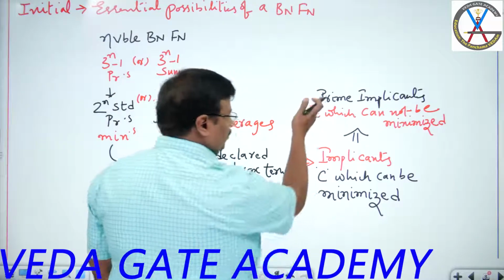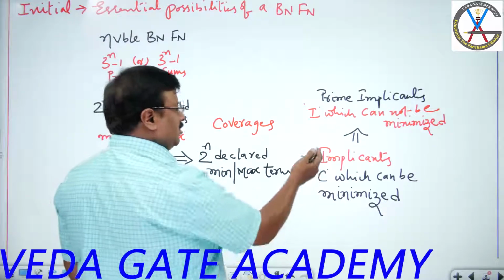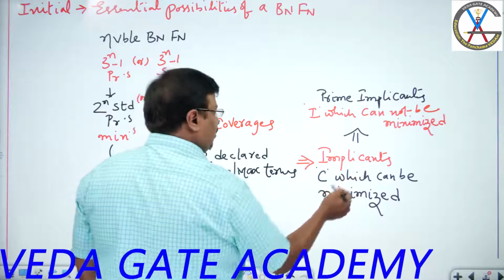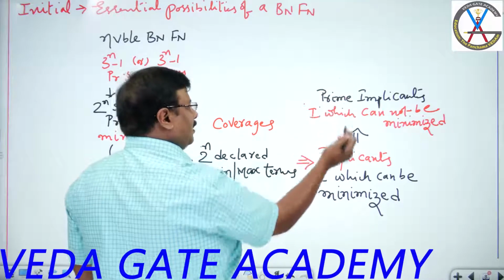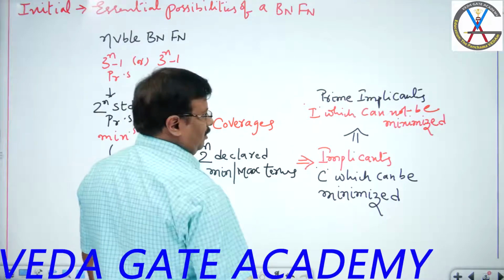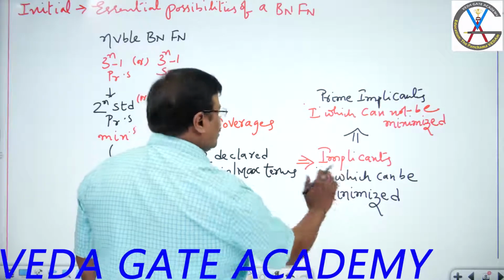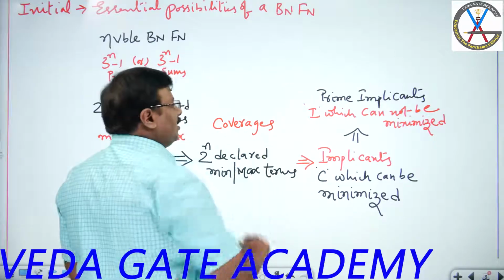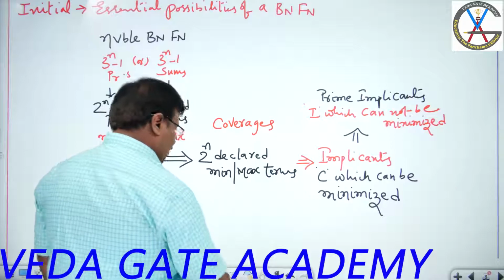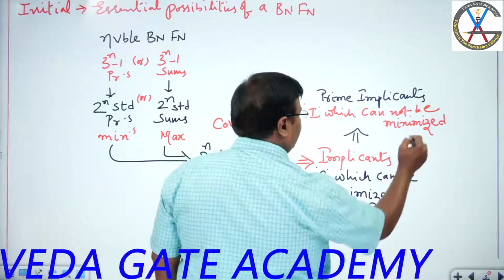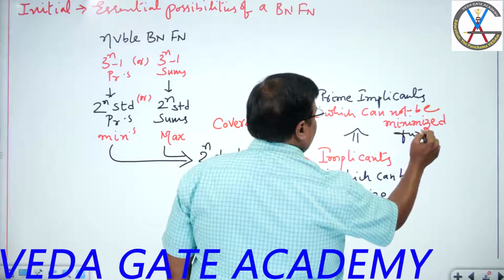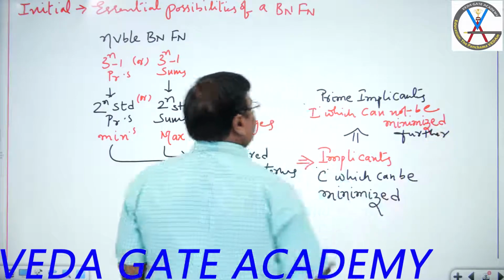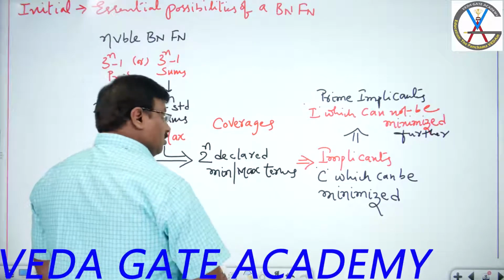Don't you have an ambiguity between these two? Here he says an implicant is a coverage which can be minimized, and a prime implicant is an implicant which cannot be minimized. That means it is already once minimized and cannot be minimized again. That's the meaning, so I should add a word: it cannot be minimized further.